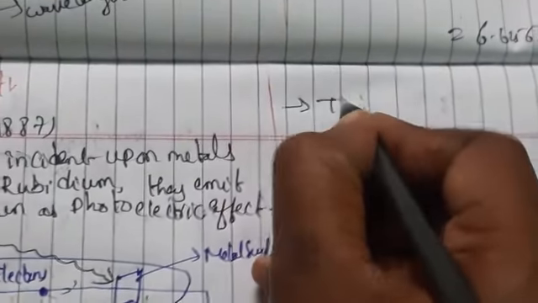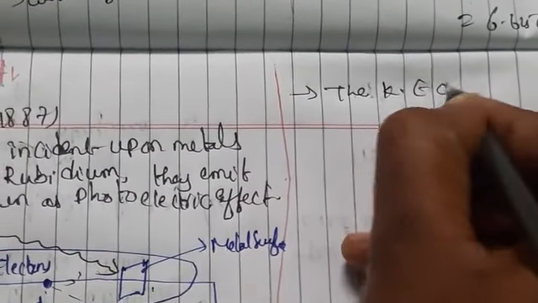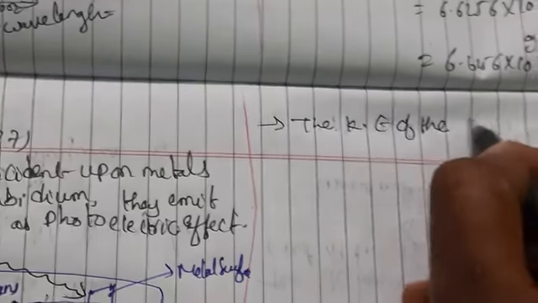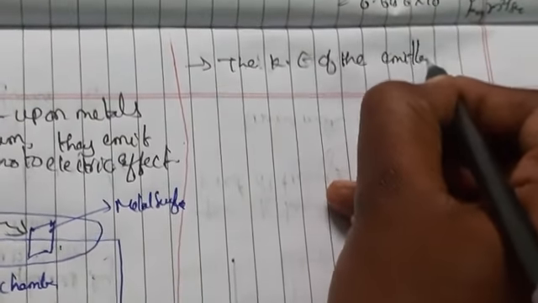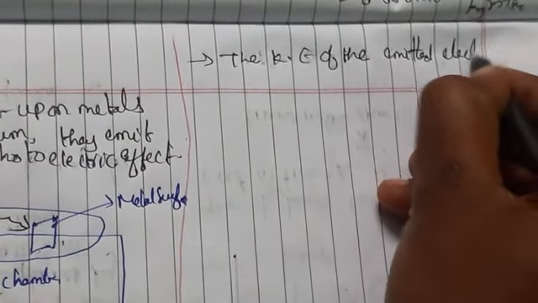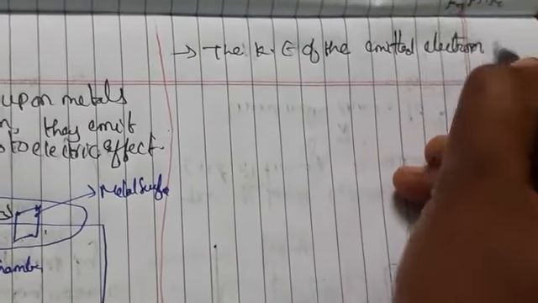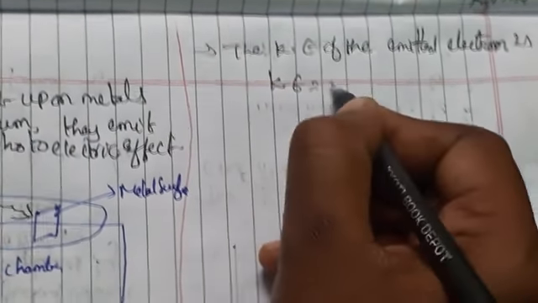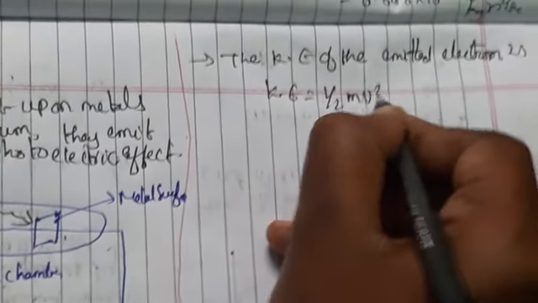So then automatically, what happens here is the kinetic energy of the emitted electron. The kinetic energy of the electron is given as K, which is generally, as we know, half mv square.